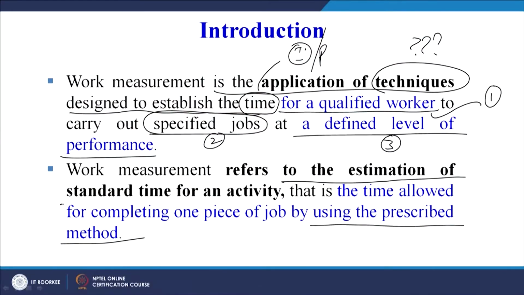The main objective remains the same: estimation of the standard time, which is going to be the output of our work measurement technique, for any activity. And what is that standard time? It is the time allowed for completing one piece of a job by using the prescribed method by the skilled worker at a defined level of performance.